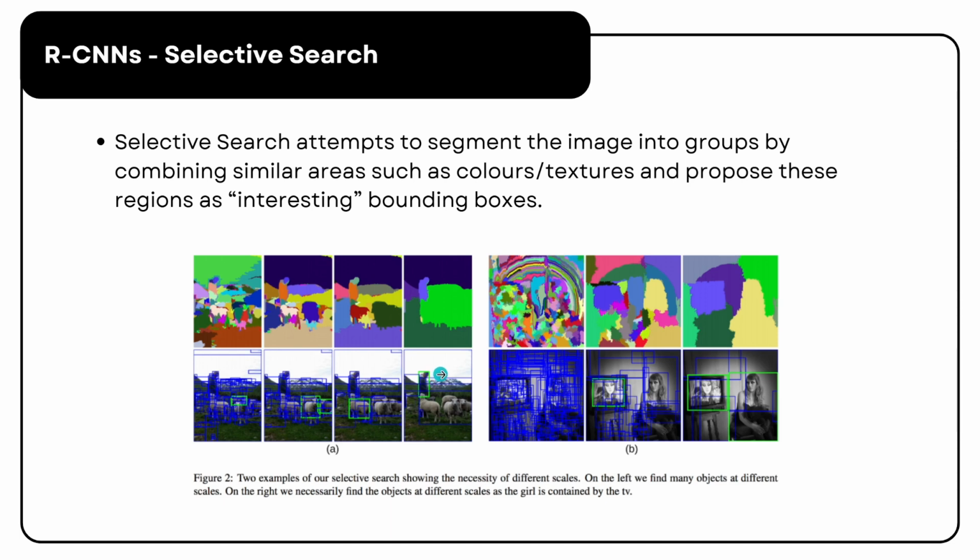As you can see here, different scales of segmentation capture objects like the sheep in a pasture.